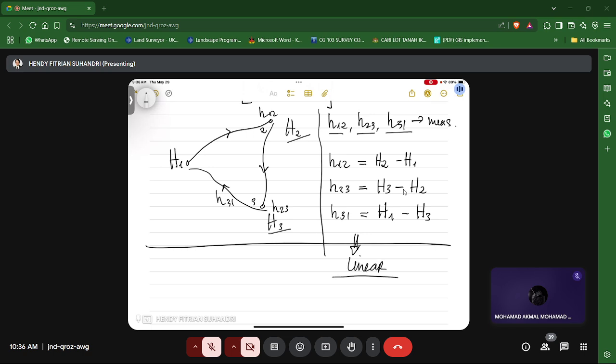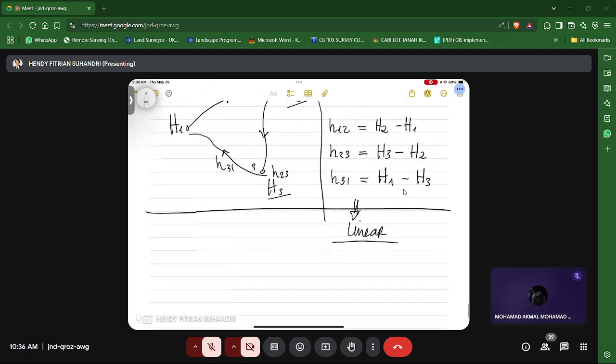After arranging the observation equations, you should know whether they are linear or non-linear. In this case, fortunately, they are linear, so there is no need for linearization. What we have to do now is arrange them into matrix form.